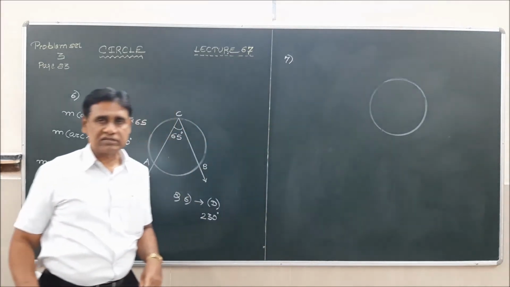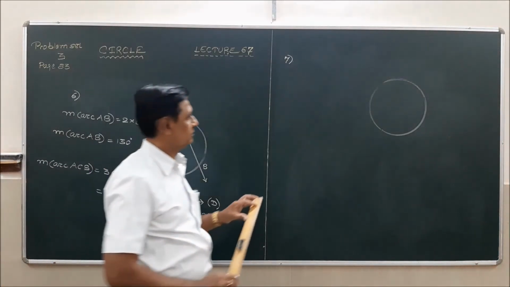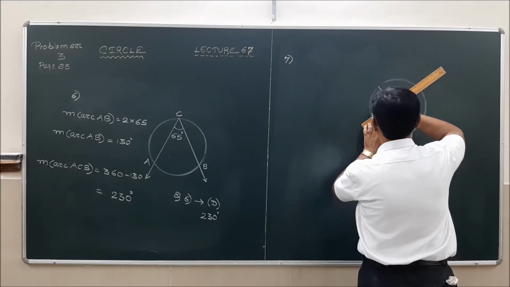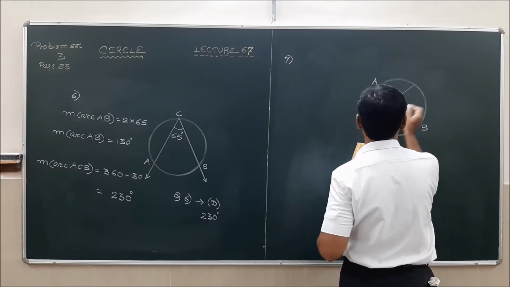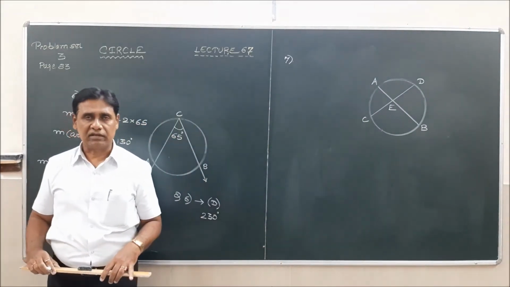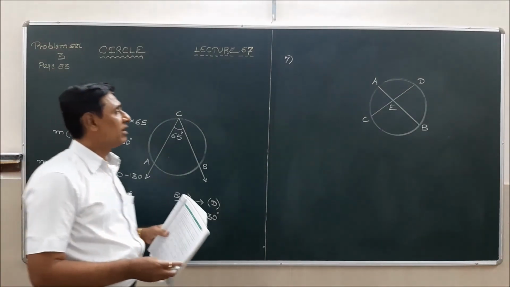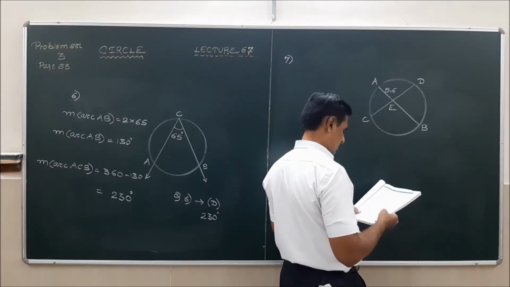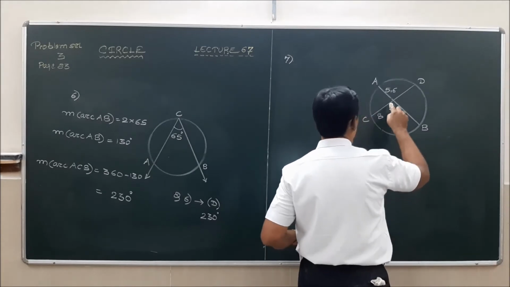Chords AB and CD are going to intersect each other in point E. So if I draw AB and CD, chord AB and chord CD are intersecting each other in point E. AE is 5.6, EB is 10, CE is 8. The question asked is to find out DE.